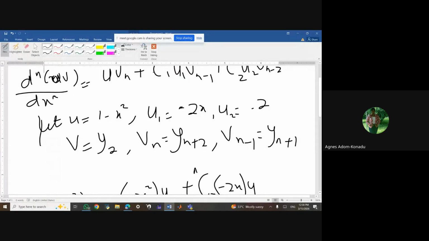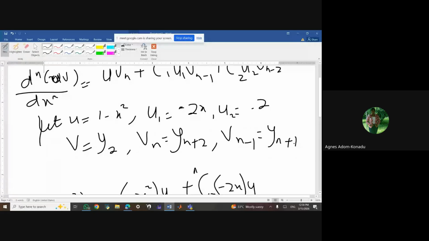The second one is n combination 1, the first differential of U, and then the n minus 1 differential of V. So n minus 1 differential of V will be y subscript n plus 1.